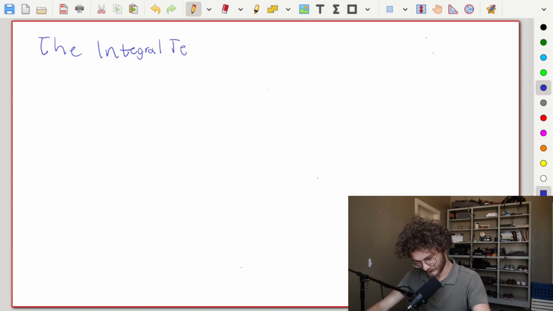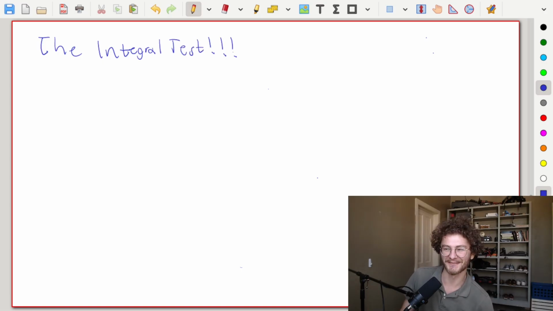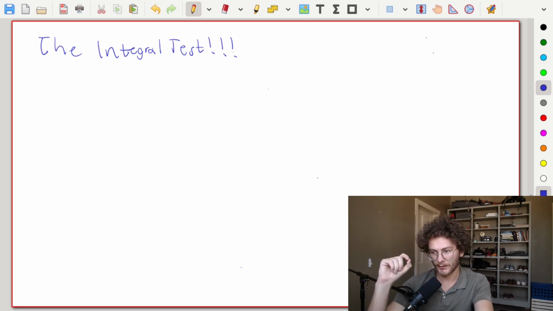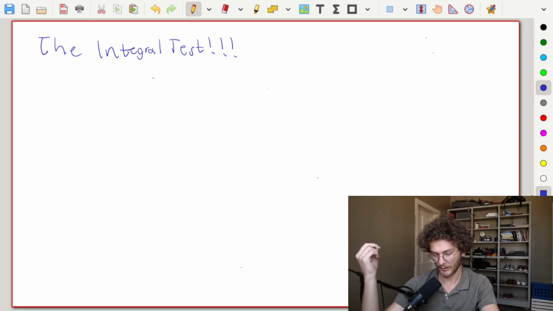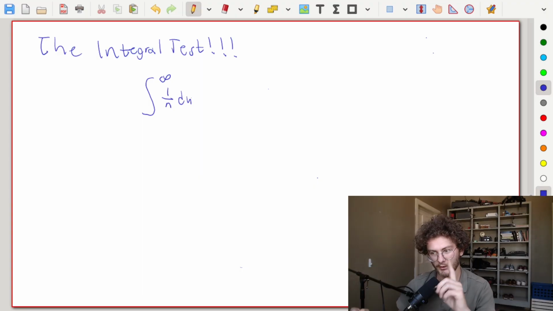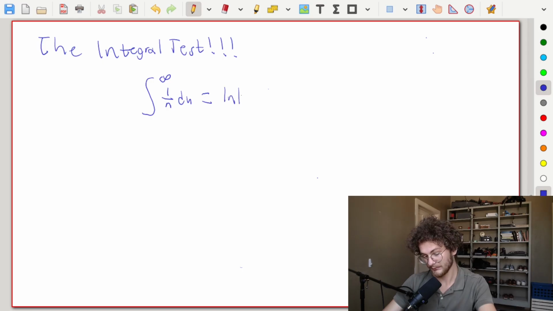Integral test. So how do we do the integral test? The integral test can actually tell us whether or not a series is convergent or divergent. It's fairly straightforward. If we take some series, and we'll say 1 over n, the integral of 1 over n dn, notice how I didn't put a lower limit, equals natural log of n from some lower limit to infinity.